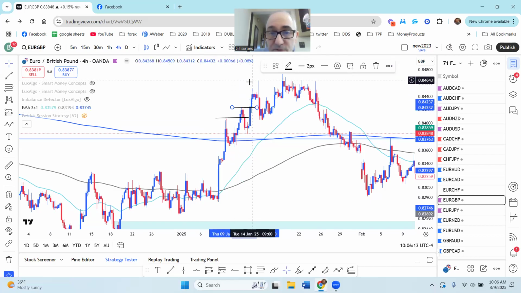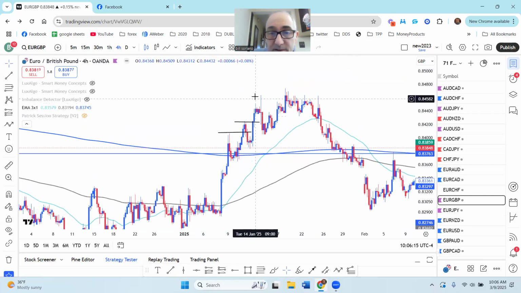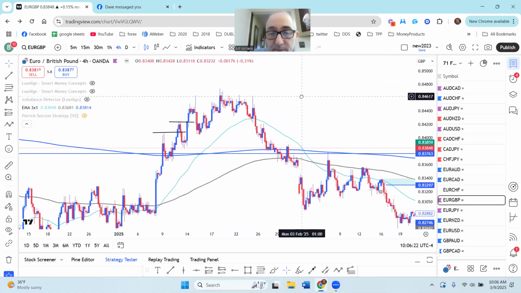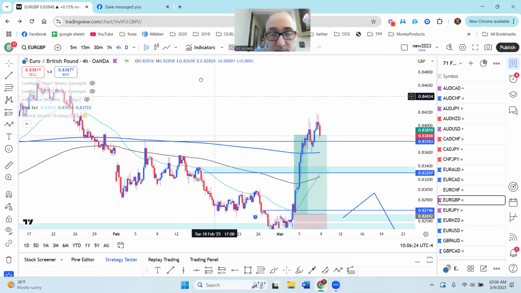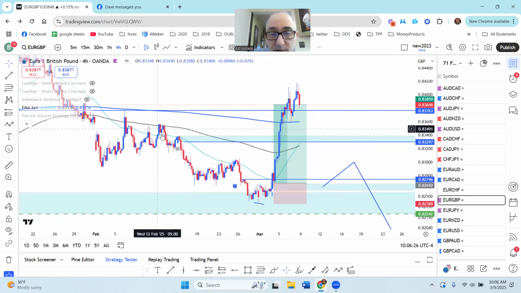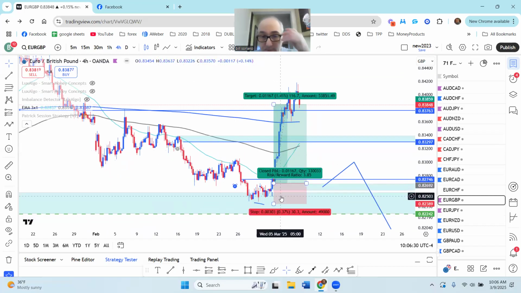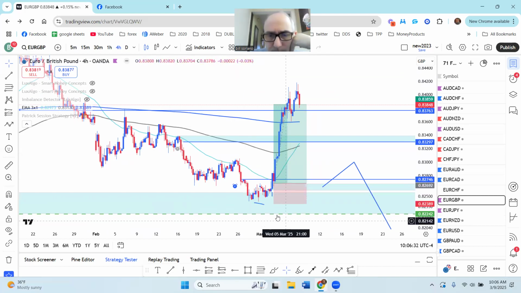There's no valid break of structure up here because no candles close above the wick. Okay. And then price moves down, right? And gets to our supply zone right here. I'm sorry, our demand zone. And then you can see the reaction, right?